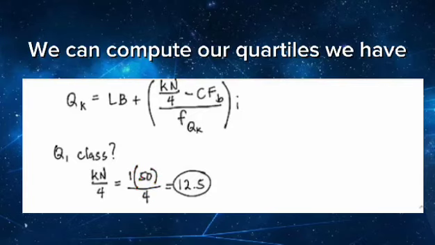If you compute that, that is 12.5. Using our 12.5, we will locate our Q sub 1 class. We look in our less than cumulative frequency for the nearest value higher than 12.5.